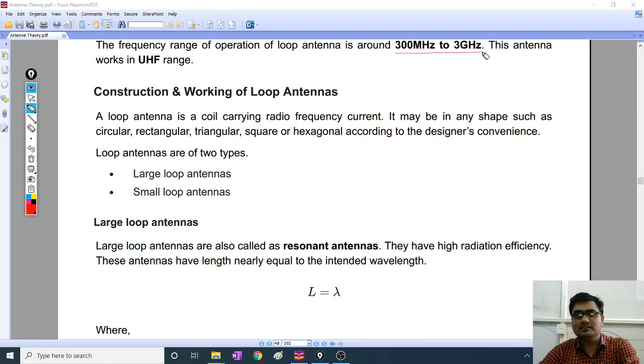It is a very large range. So up to 3 gigahertz it has a large range. What is that range called? It is basically the UHF range, the ultra high frequency range.